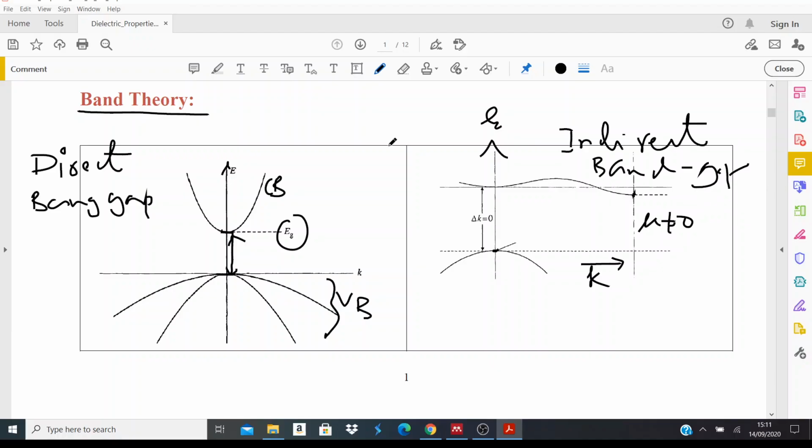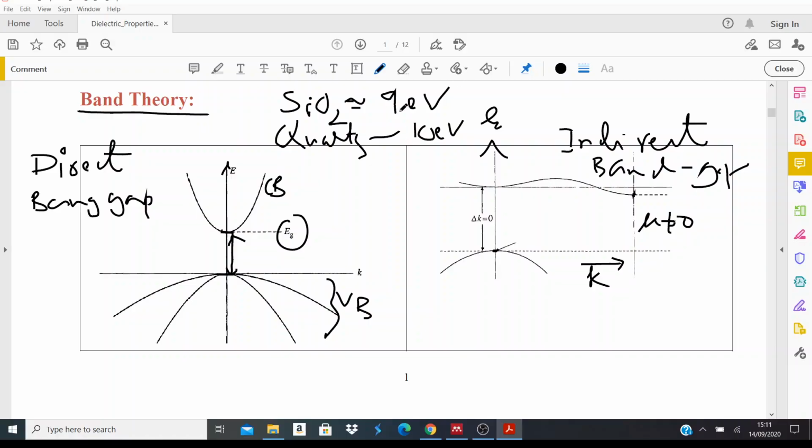And usually an insulator like silicon dioxide, right? They have a very large band gap. The band gap is of the order of, let's say, 9 electron volts. And let's say we have quartz, right? So quartz is of the order of, let's say, 10 eV. So you can see these are really enormous band gaps, and that's why they are really good insulators, and electrons hardly flow through them, right?